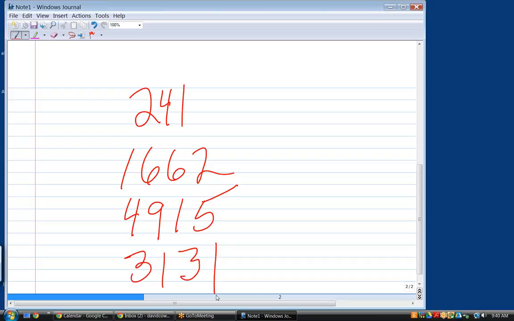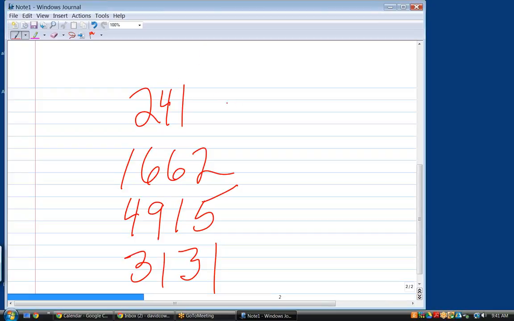So without using a calculator, what is needed for a number to be divisible by 3? It has to do with the sum of the digits. They have to add to a number that is divisible by 3.